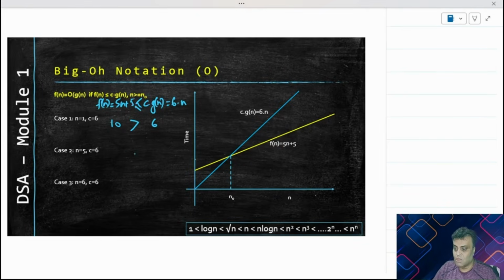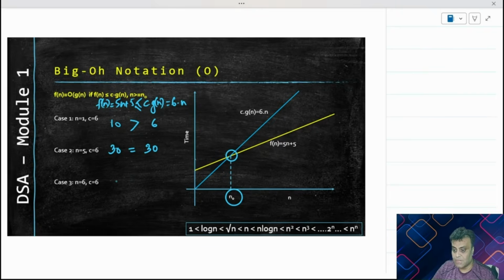So let us go on and put n equal to 5. 5 5s are 25, plus 5 is 30. Now on the right side we get 6 into 5, which is 30. Right? So if I get this, then we can say that they are now equal. So we are now at that inflection point, where your C dot gn is trying to cross Fn.